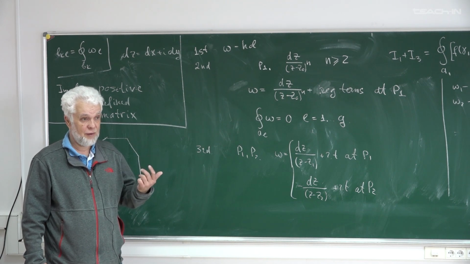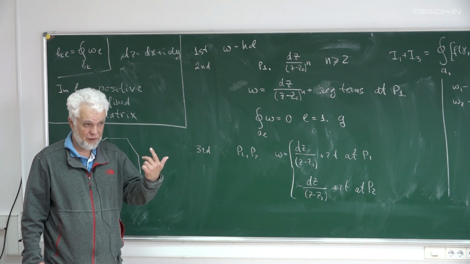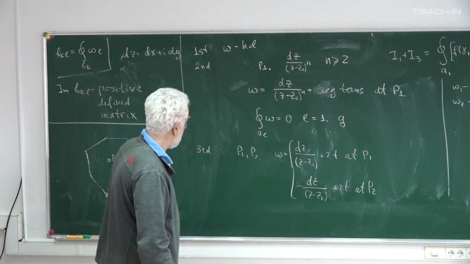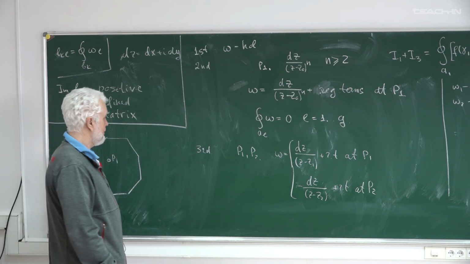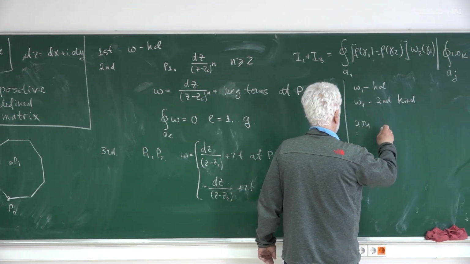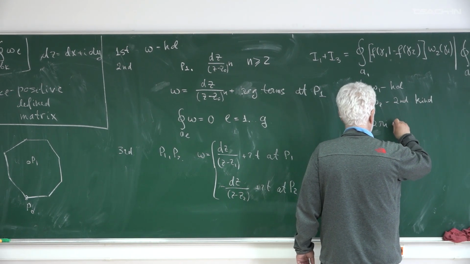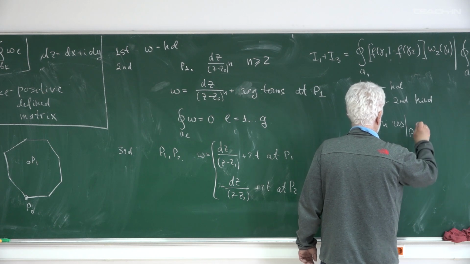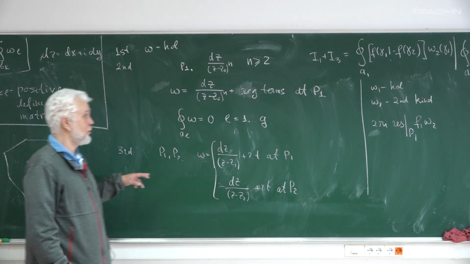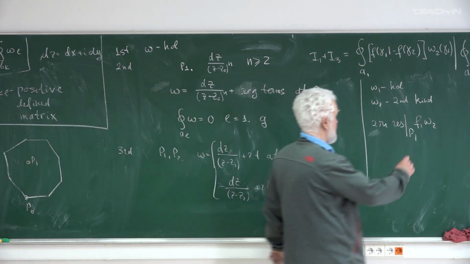The primitive is well defined inside the polygon, you understand? We don't have logarithms, we have no cuts. You remember that we will have 2 pi i times the residue of f omega 2.